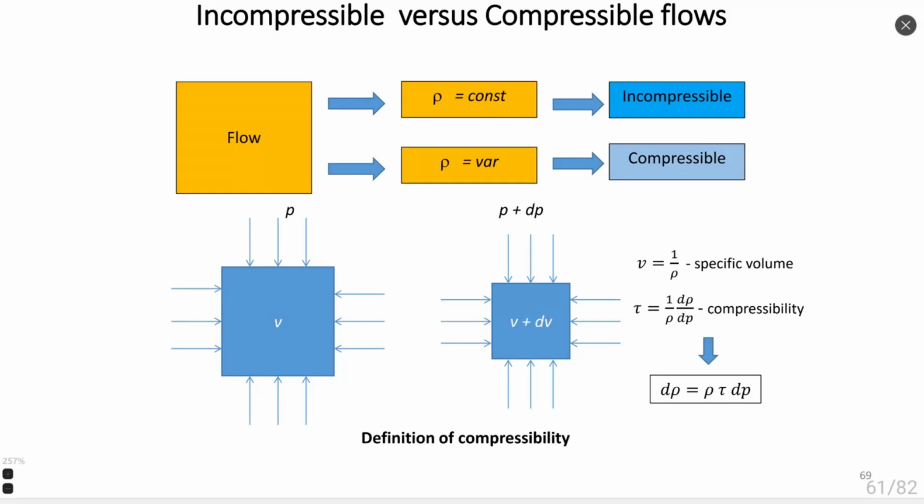Usually compressibility is related to the derivative of density by pressure change, or it can be a function of Mach number. Why it is a function of Mach number we will also see next semester. And often it's also included in the energy equation. Compressibility changes energy significantly or redistributes the energy balance significantly.